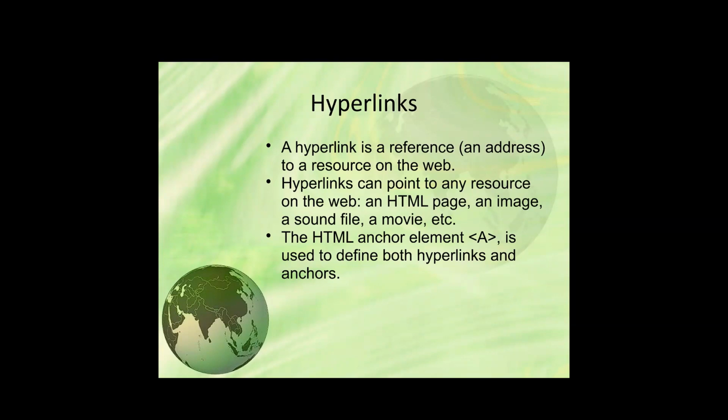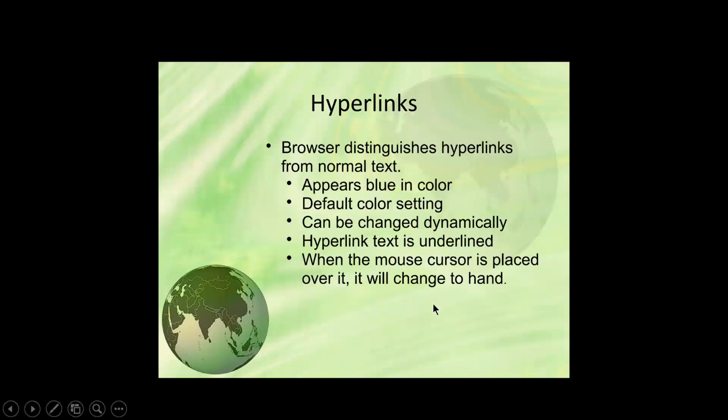The HTML anchor element, that is the A tag, is used to define both hyperlinks and anchors. We'll see more about it. The browser distinguishes between hyperlinks and normal text. A hyperlink appears in blue by default color settings, and the color can be changed. Hypertext is underlined.